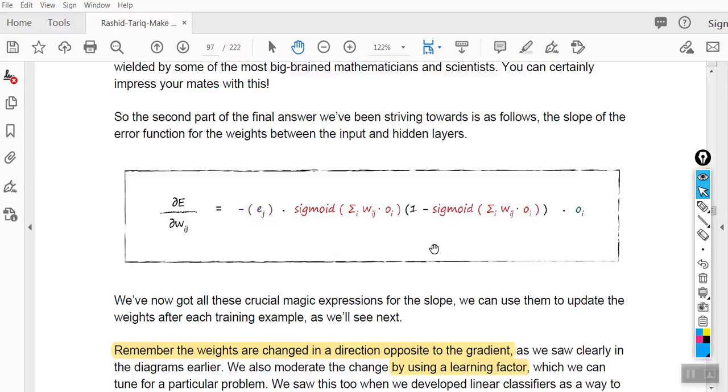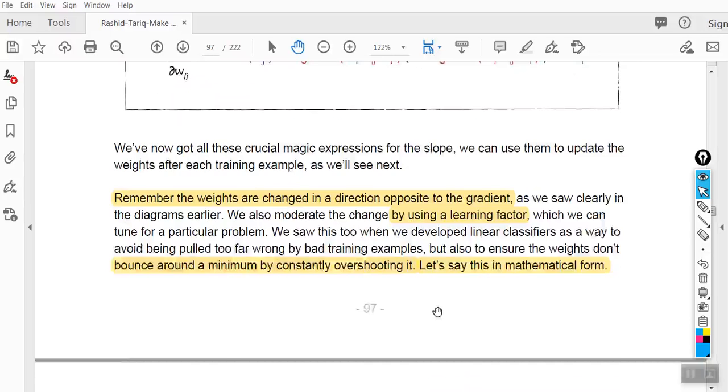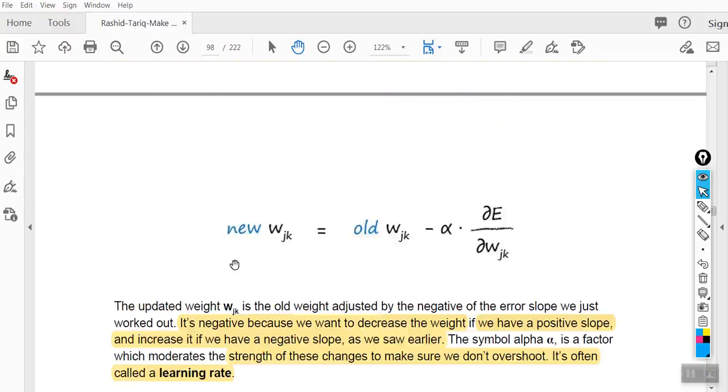And now in this video we want to calculate the updated weighting. We calculated the rate of this error with considering the weighting changes, and now we want to calculate the updated weightings.